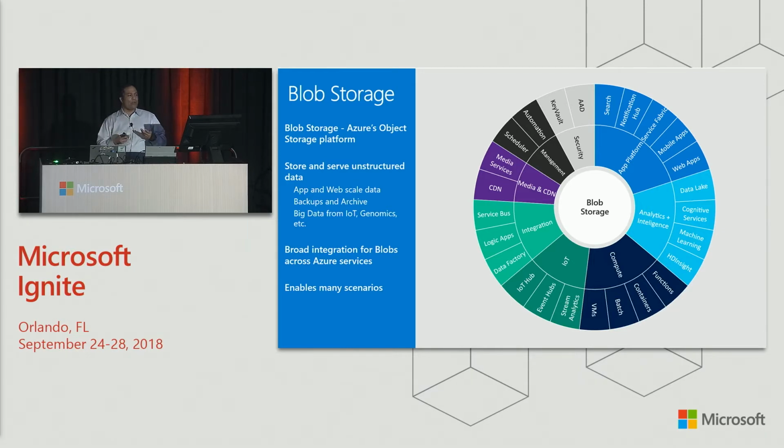But there's also things like the cognitive services, right? You land data, you start a serverless compute workflow, and then you send something to the computer vision API, or you send it to the speech transcription API. Unstructured data kind of underlies a lot of things. Media, if you're doing anything with media, you're hosting video, you're transcoding it, you're delivering it to mobile devices, that runs through the Azure Media Services set of services. Use blob storage for storage of assets.